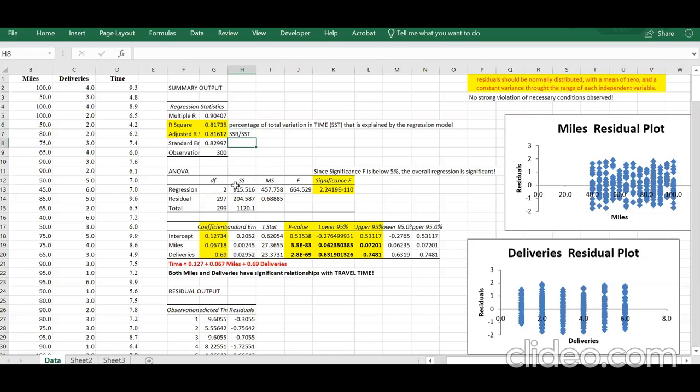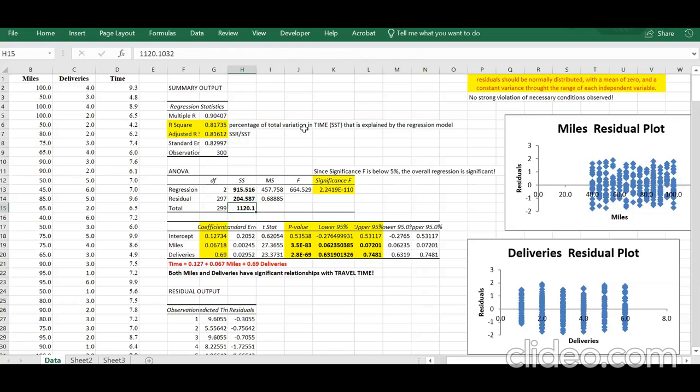And here you have SSR and SST. So this is SST, this is SSR, and this is SSE, sum of squares due to error, or residuals is the other term for error basically. So SSR divided by SST will be R squared.